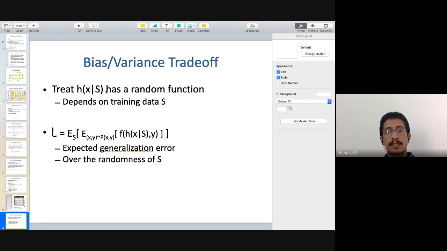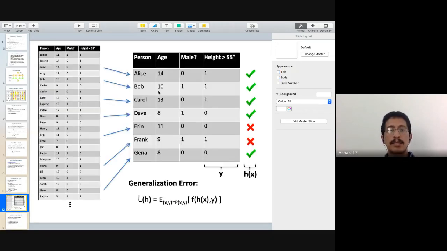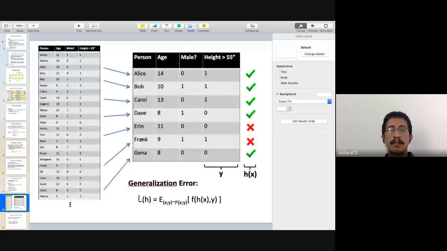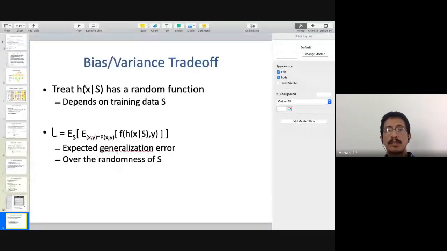Treat H(X) given S as a random function. What is S? S is your data. You have a training data set S, and you're computing the output of the model for X, which is a member of the data set. It is a random function that depends primarily on the training data set.